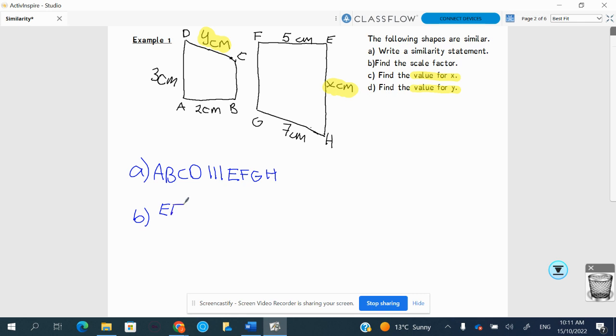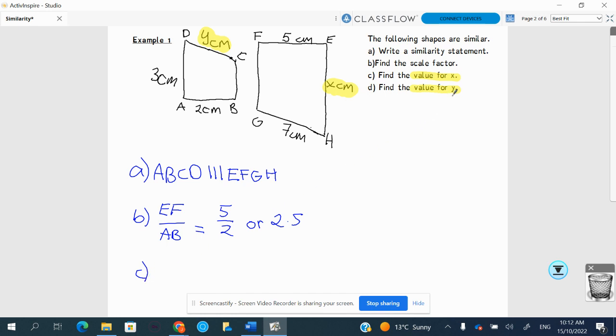EF, this side here, over AB, this side here, is equal to 5 over 2. So we can leave that as a fraction, or we can write 2.5. So either of these is correct for the scale factor.